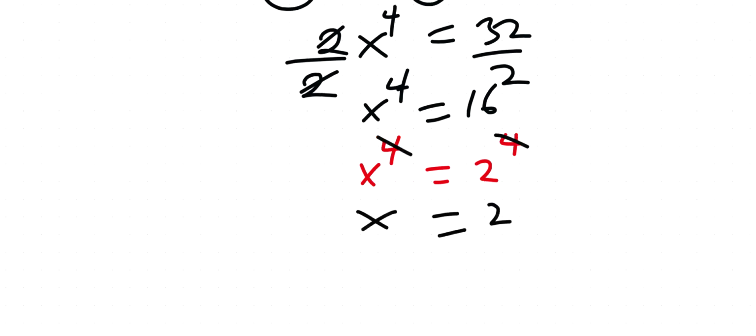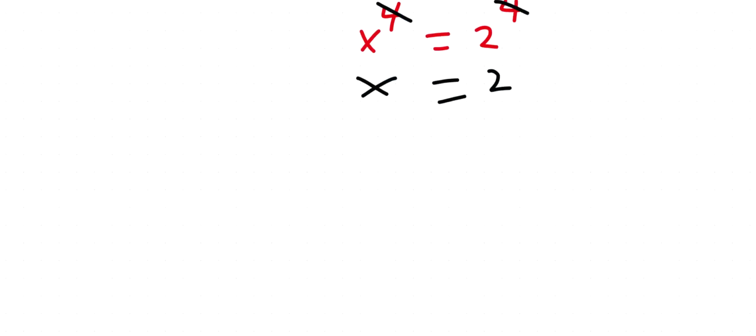Or you do the root form. What is the root form? The root form is exactly what I did all the time. x raised to power 4 is equal to 16. What can I do to cancel 4 here?